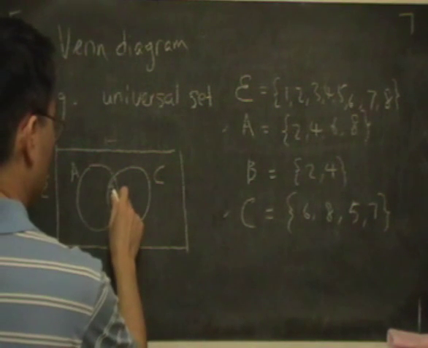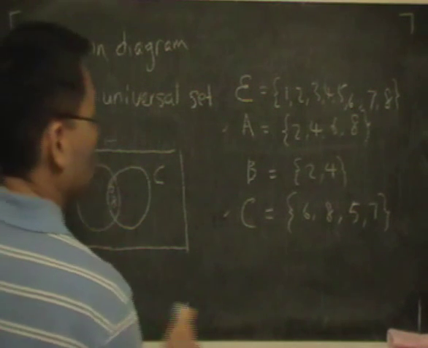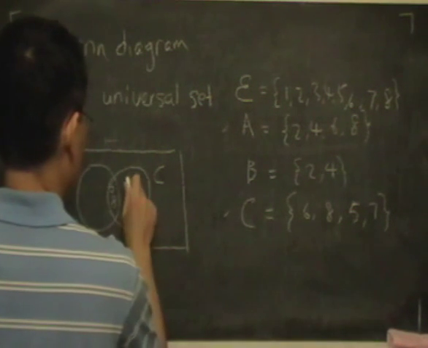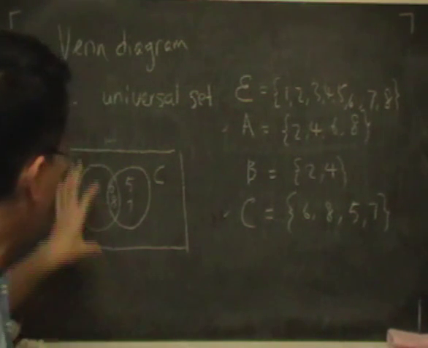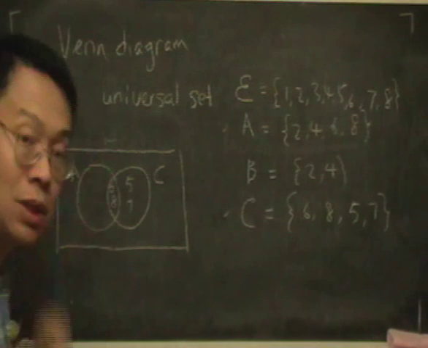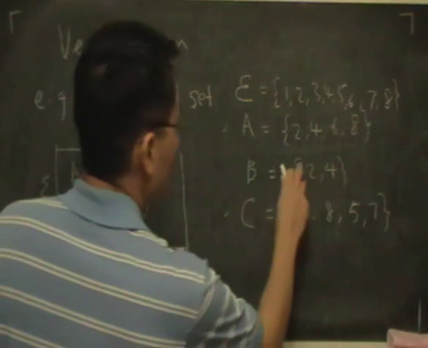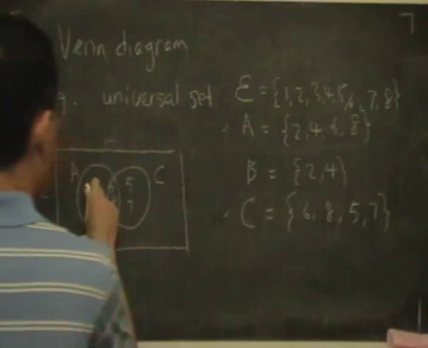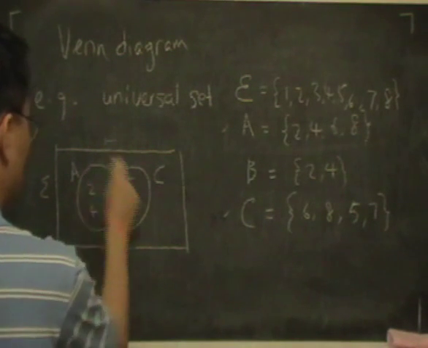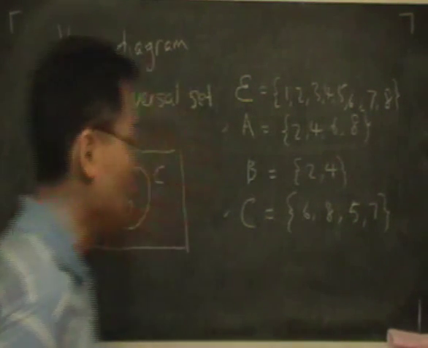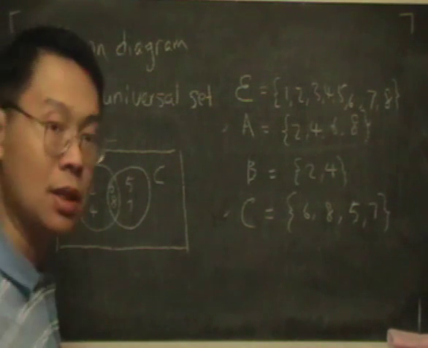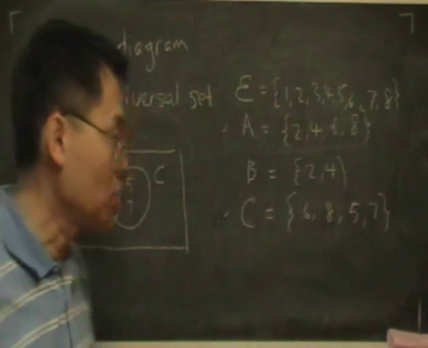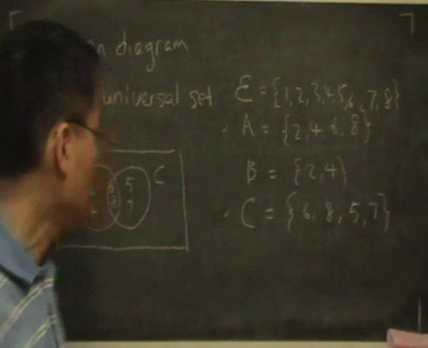Outside of that overlapping region, we have 5 and 7 for C. That means that 5 and 7 are inside C but outside A. Whereas A would have 2 and 4. 2 and 4 are inside A but outside C. So this is how we would represent two sets that have some but not all of the elements in common.